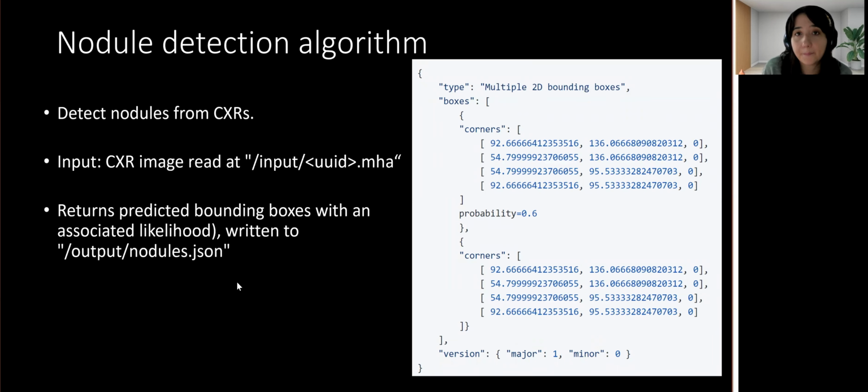The nodules.json file is a particular format that is compatible with Grand Challenge, and it's a dictionary that looks like this. Here you see an example of a nodules.json file, and here, for example, one item is called corners, which shows one predicted bounding box and denotes the locations of the four points of this predicted bounding box. It has an associated likelihood that is shown here as probability, with 0.6.